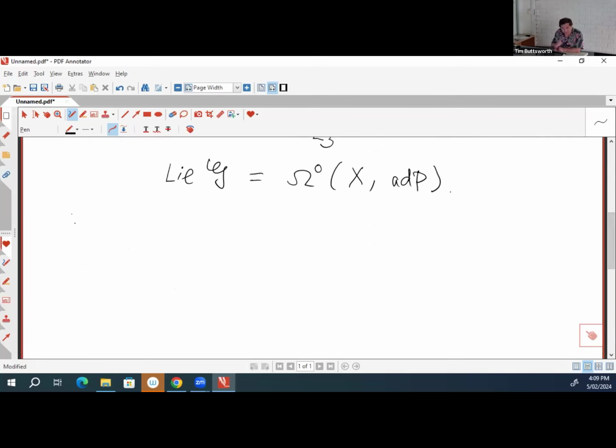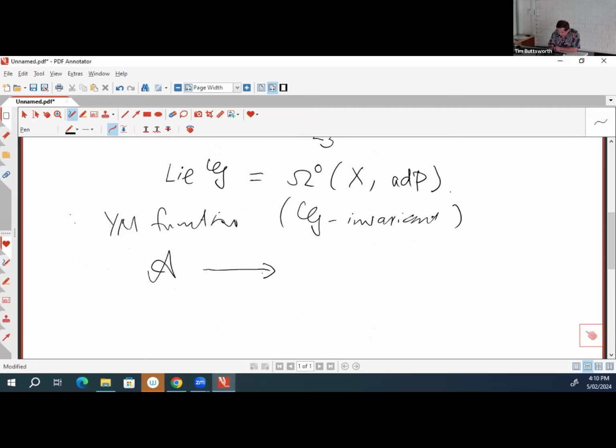So we have this gauge group action. Now maybe I jump to the Yang-Mills functional, which is gauge invariant. This is a function on the space of connections.